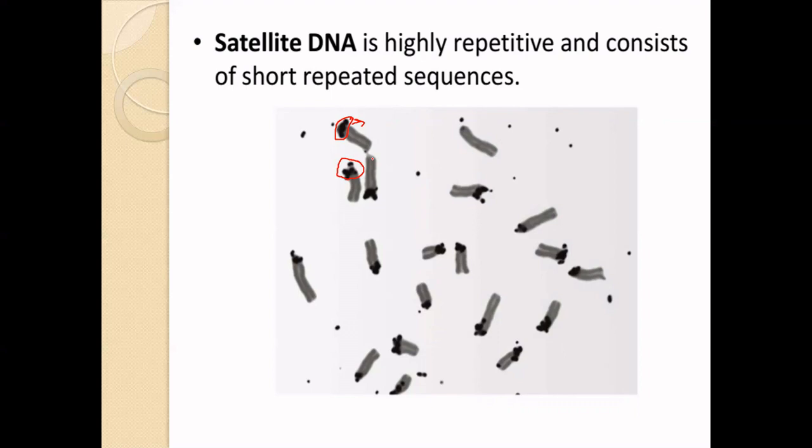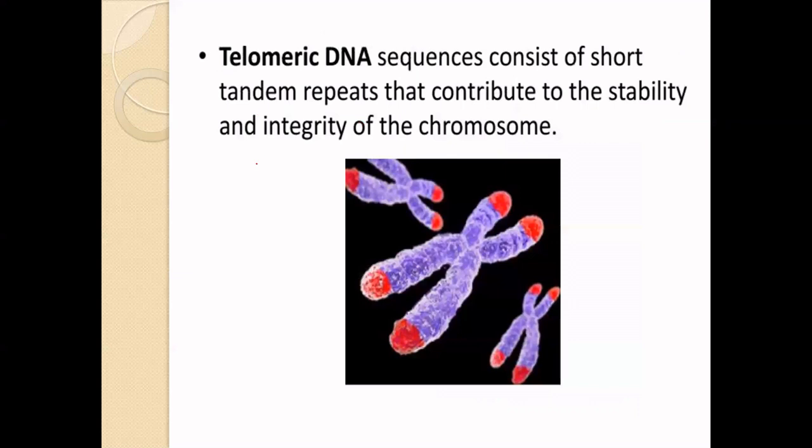Satellite repeats in eukaryotes are likely involved in sequence-specific interactions and subsequently in epigenetic processes. We will discuss the satellite DNA later in our different classes.